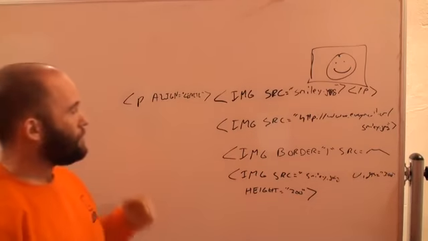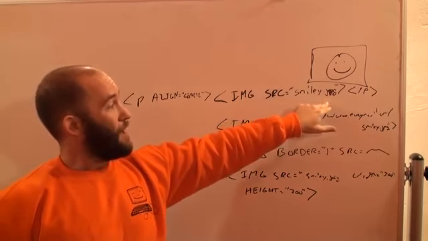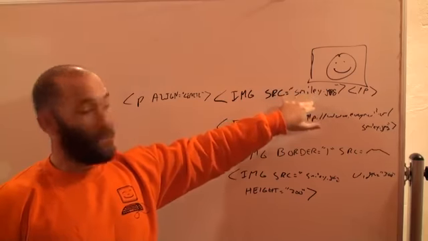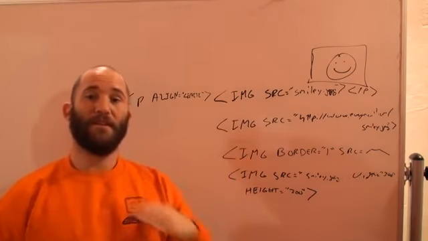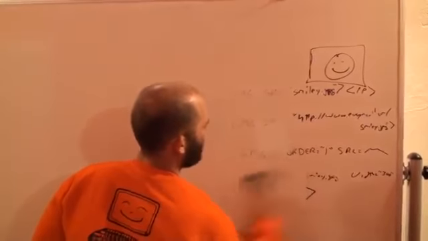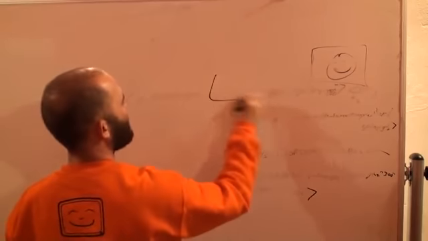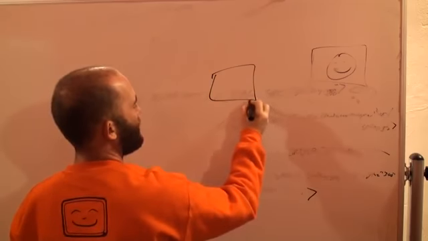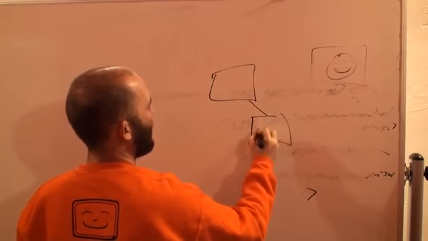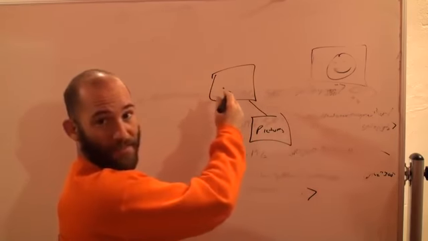That's how that works. Now, let's say the smiley JPEG is in a folder that's in a lower folder than the current folder you're in. So let's say you're in this folder right here, and you have a pictures folder. So this is where your HTML web page is.